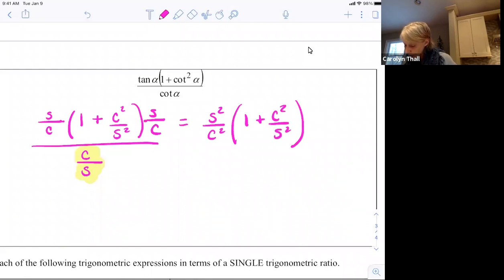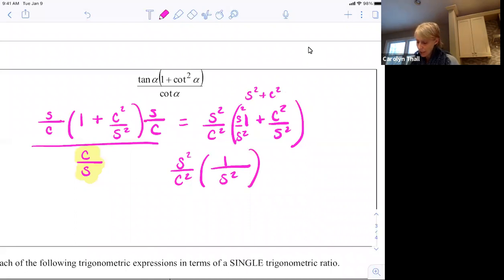Is this going to help? Should I distribute or clean up? I may clean up inside first, meaning I may make this one single fraction, sine squared over sine squared. Sine squared plus cosine squared, I get 1 over sine squared, right? Because my numerator becomes this.